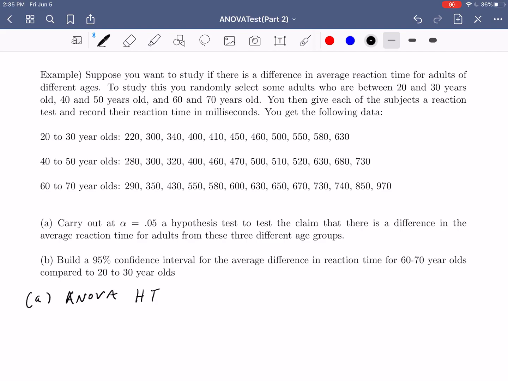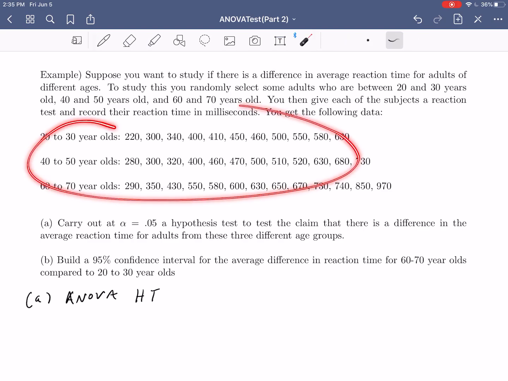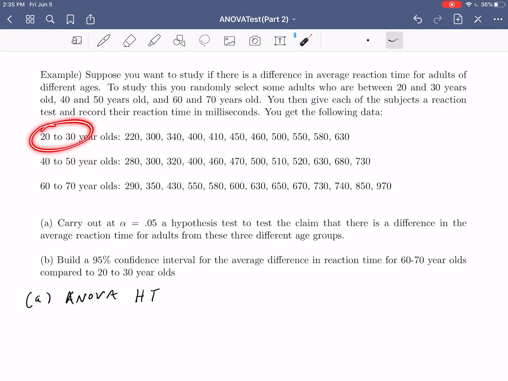And we know that every time we run a statistical procedure, we expose ourselves to that potential of making an error. What that means is that if you were to analyze this data using 3 separate hypothesis tests, 20 to 30 versus 40 to 50, 20 to 30 versus 60 to 70, 40 to 50 versus 60 to 70, you'd expose yourself to 3 opportunities to make an error, as opposed to just a single opportunity. And this is basically something in statistics that's called the risk of repeated testing.